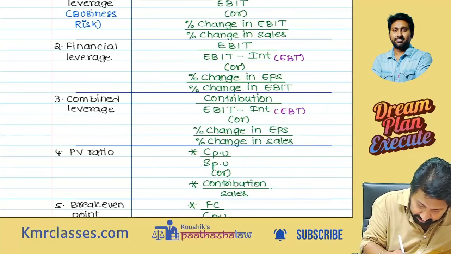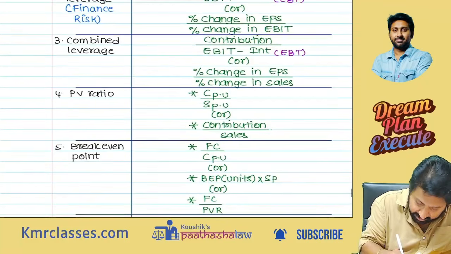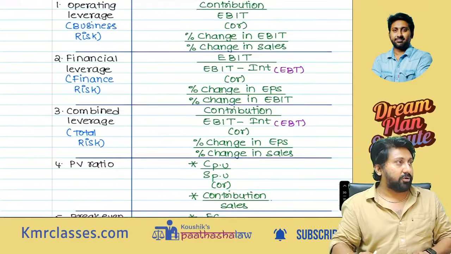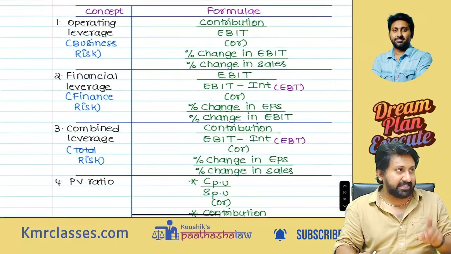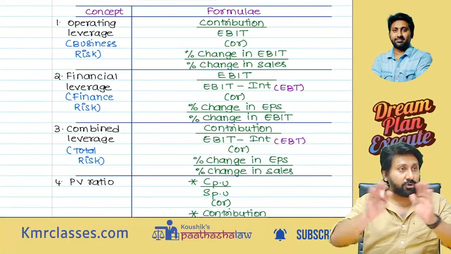Financial leverage talks about finance risk. Combined leverage talks about total risk.